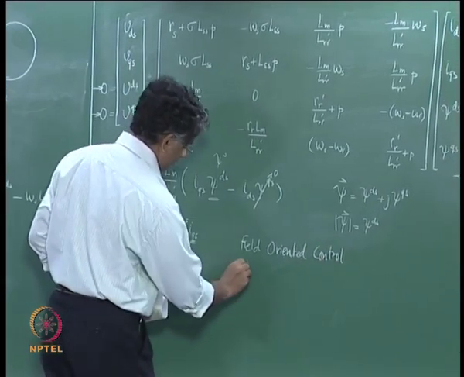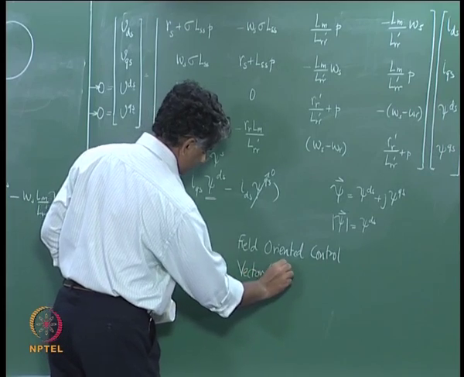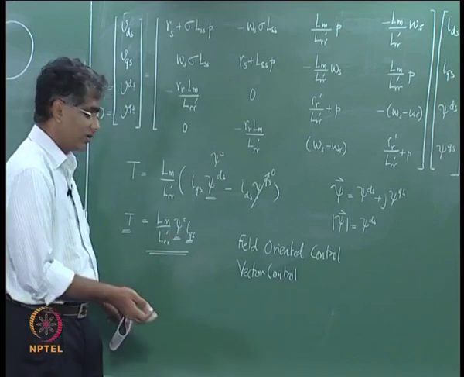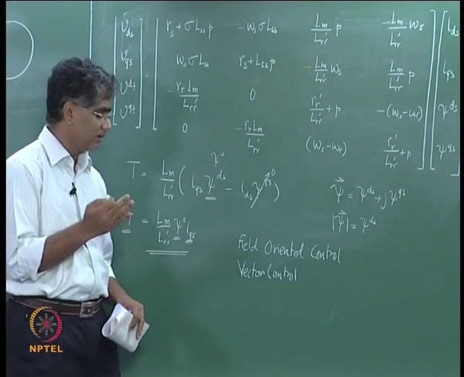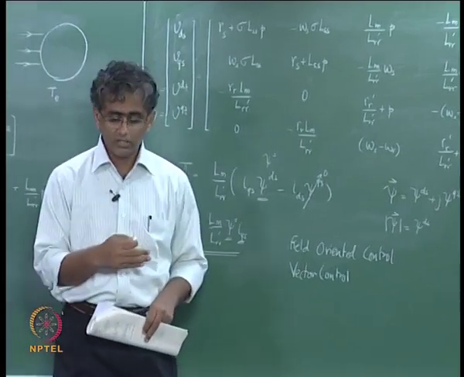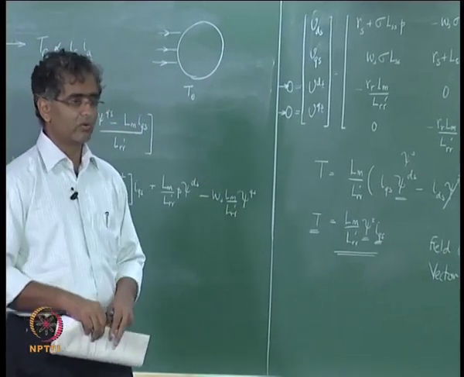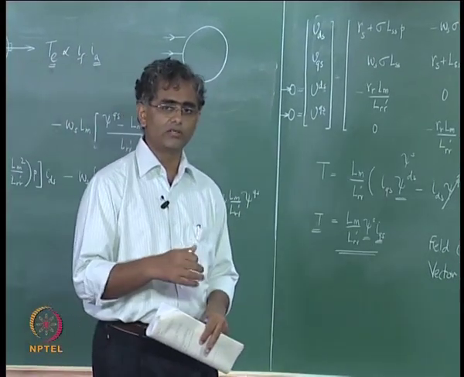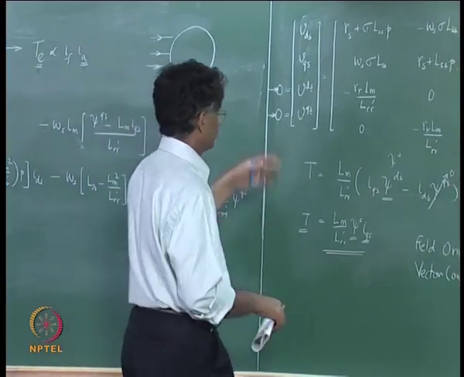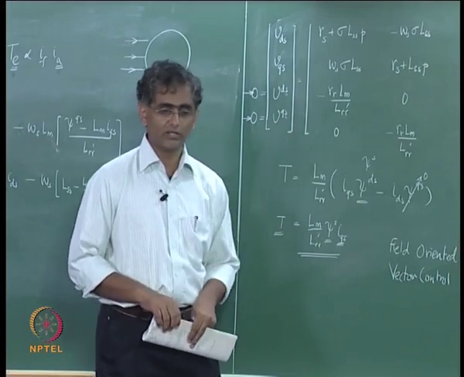Sometimes it is called vector control, and here the orientation is done along the rotor field vector, and therefore this is called rotor field orientation. One can derive other forms of expression where you can do a stator field orientation or magnetizing flux vector orientation. There are so many different ways in which these have been described in the literature.